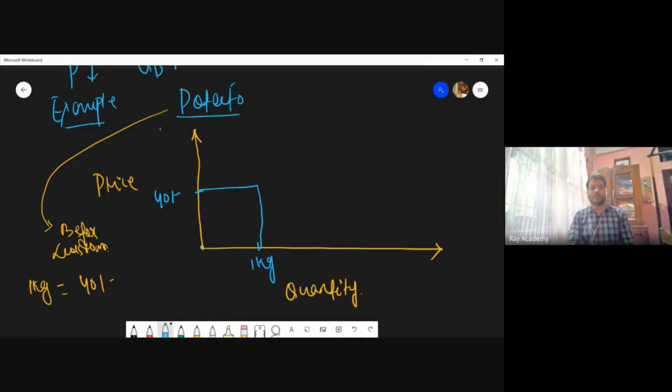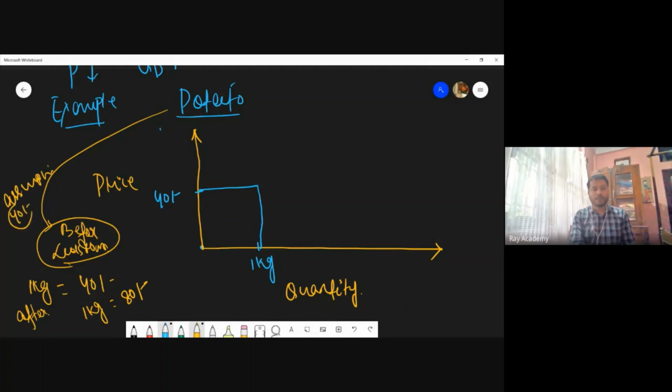Now after lockdown, what happened? Let's say 1 kg of potato has become double. That means 80 rupees. The assumption is that you have 40 rupees only. Then how much quantity will you purchase?